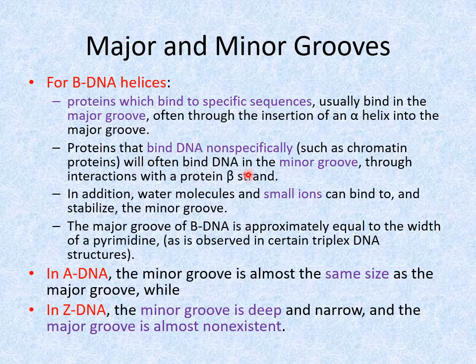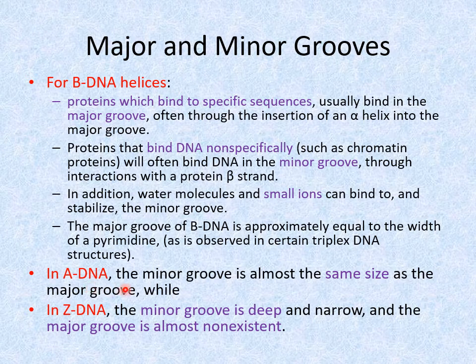The dimension of the major groove of B-DNA is enough that it may accommodate a complete pyrimidine, the single cycle nitrogen base, not the dicyclic purines. So it is deep enough to form a triplex DNA molecule if some nucleotides fit over here.